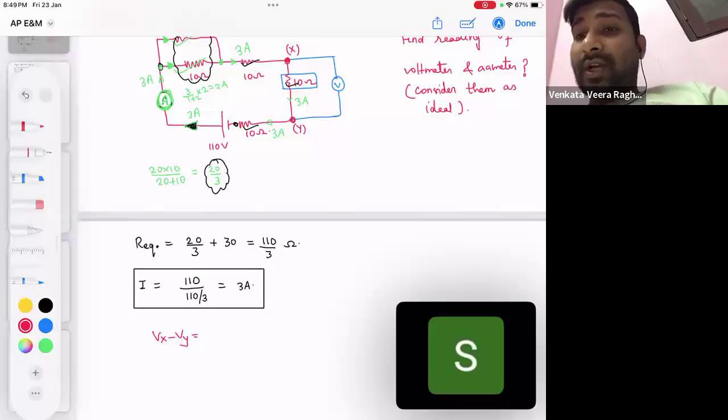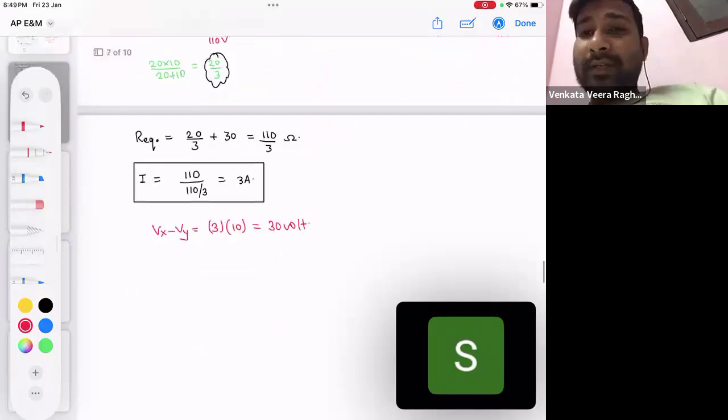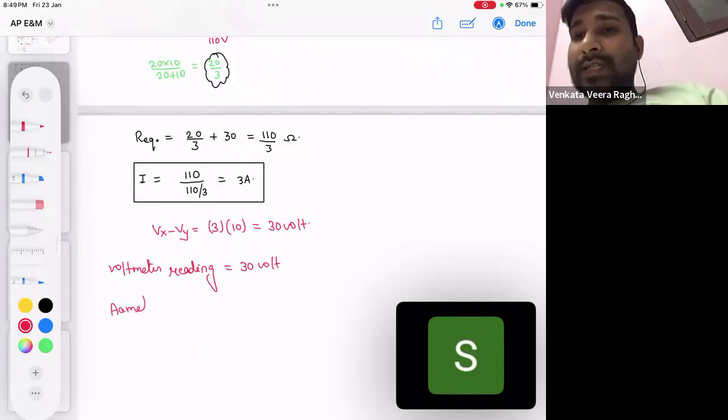So how much is the current? 3 ampere, resistance 10 ohm, 30 volt we got as our answer. Understood? So the voltmeter reading is 30 volt. Ammeter reading is 3 ampere.